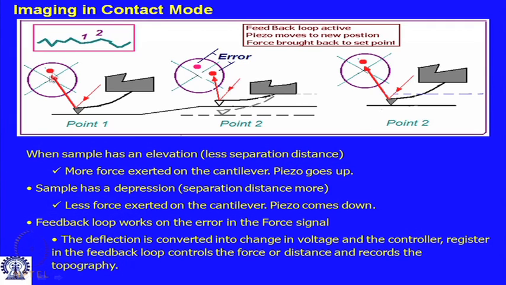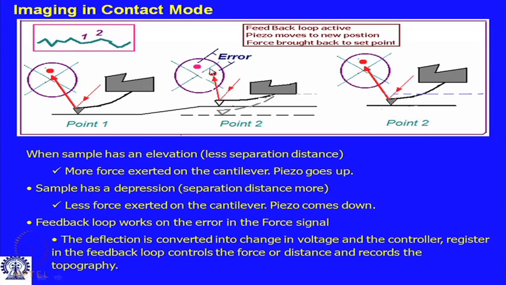At point 1 the laser spot was falling at the set point, but from point 1 to point 2, since there is a change in elevation, the laser spot now falls at a new location. It does not fall on the set point, which is now marked with pink. So, this difference on the PSPD is actually the error.